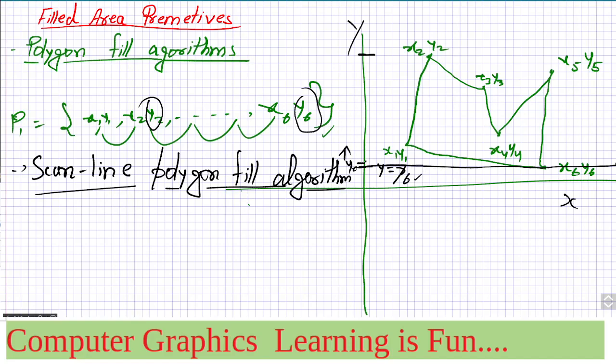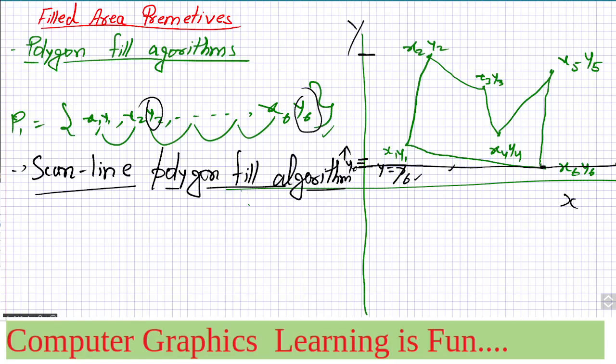In the next iteration we will consider y is equal to y6 plus 1 as a line, and we have to check whether this line is intersecting any one of these or not. Those places where it is intersecting, we will have to note them down.